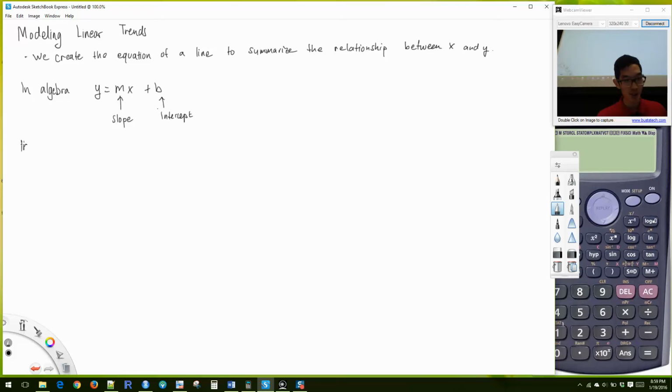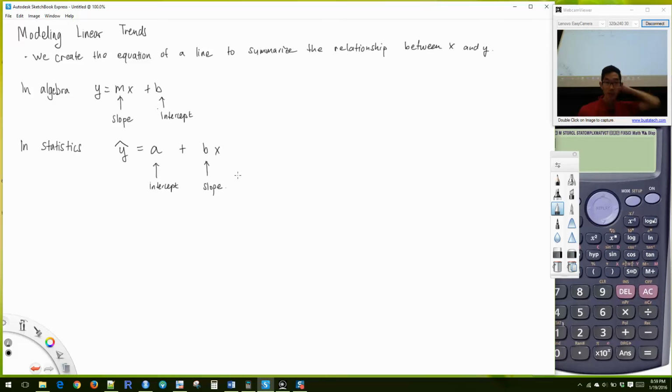In statistics, we also have a slope and intercept, but we have confusingly changed the letters. Not on purpose, but I understand the reasons why they use these letters in statistics. In statistics the equation is y hat equals a, where a is now our intercept, plus b times x, and b is our slope.